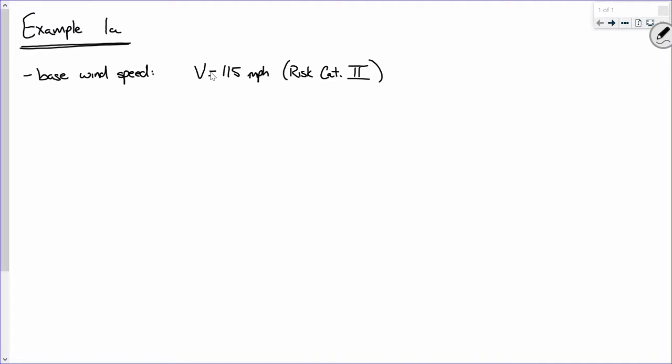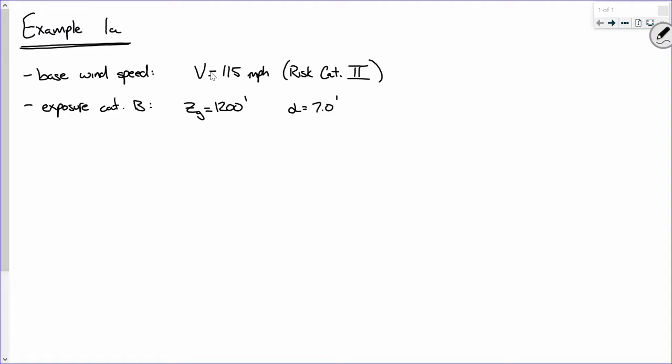Okay. Now, which exposure category do we have for the structure? Remind me. All right. Okay. So if we have exposure category B, that gives us a couple constants. So it gives us ZG and alpha. What are those? 1,200 feet and 7.0, right?